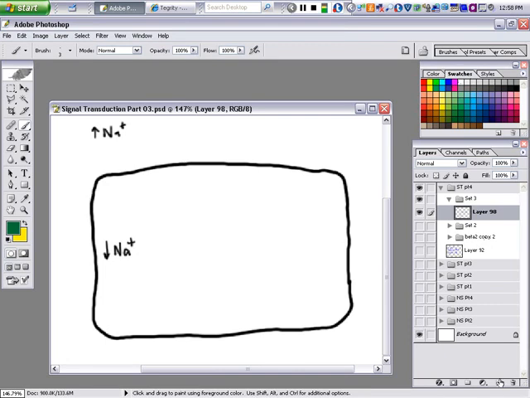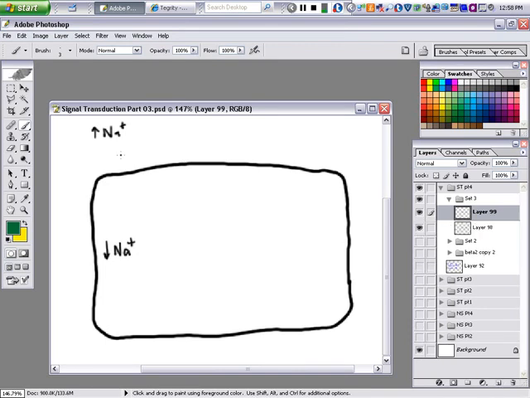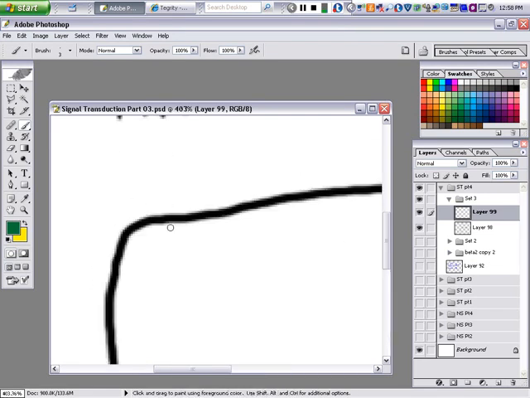This cell, or those Purkinje fibers, or the AV node is going to tell this cell, okay, you need to depolarize yourself. So here a sodium channel is going to open up.